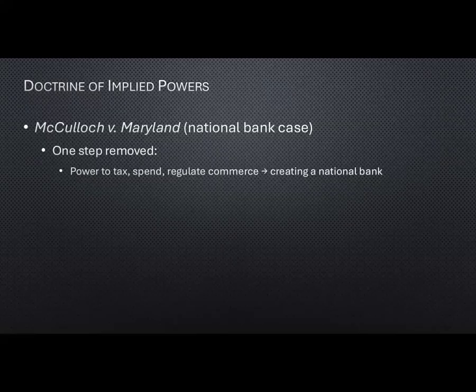So it worked fairly easily with the bank case. I'll say it again. The creation and operation of a bank is necessary and proper for Congress to carry into execution its power to tax, spend, etc. So that one was an easier case to follow.